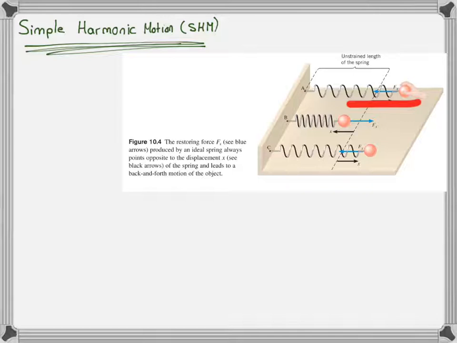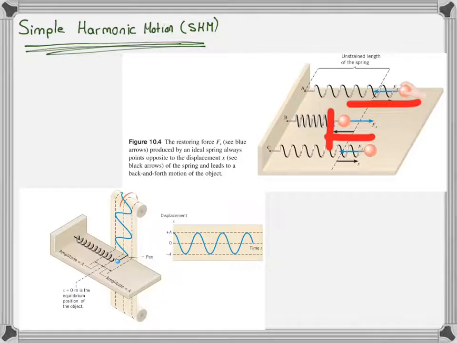But at the same time, if we have a mass attached to it, the ball has some kind of momentum. The momentum of the ball is going to keep it moving, and then the force points in the opposite direction. So the spring is going to go all the way back here, and then it's going to push the ball back, and the ball is just oscillating back and forth, back and forth, back and forth. Momentum is always keeping the ball from going back to its natural length.